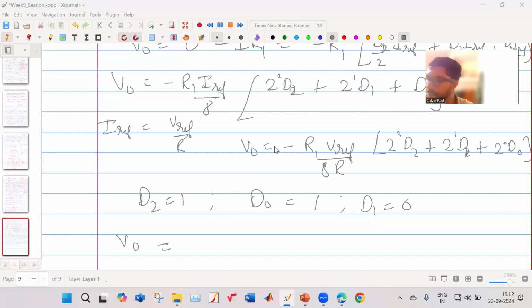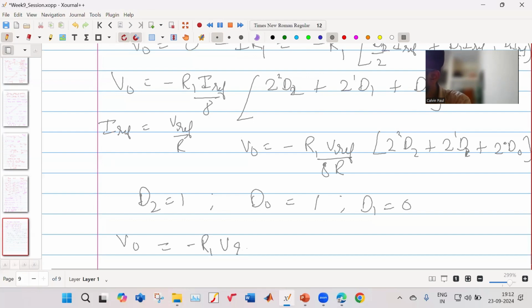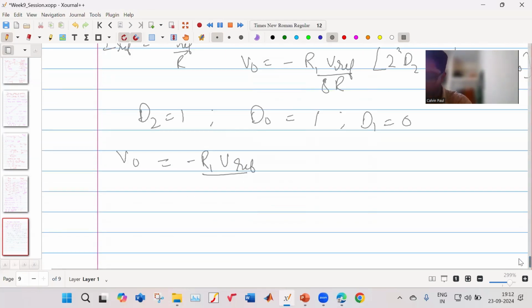Yeah. So it will be minus R1 Vref by R upon 8 into 5. Okay.